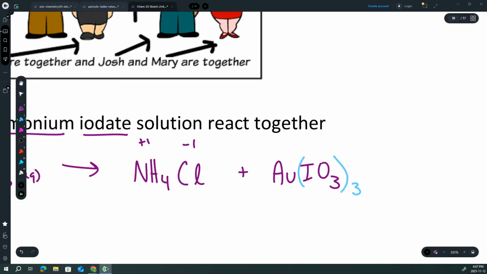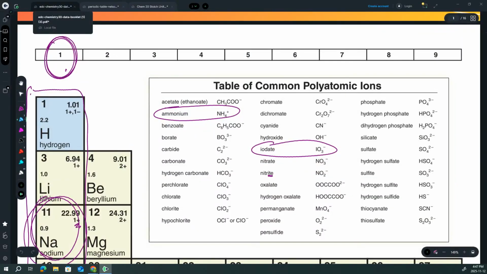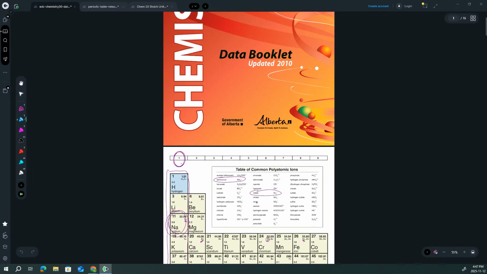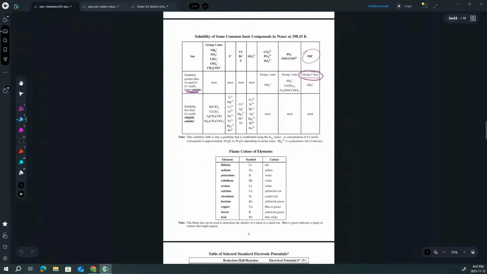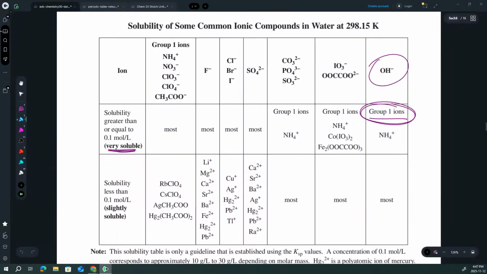Okay, now let's figure out what the states of these are. So we have ammonium chloride. Let's do that one first. Alright, so chloride, most things are soluble. Double check that ammonium isn't in the list of exceptions.